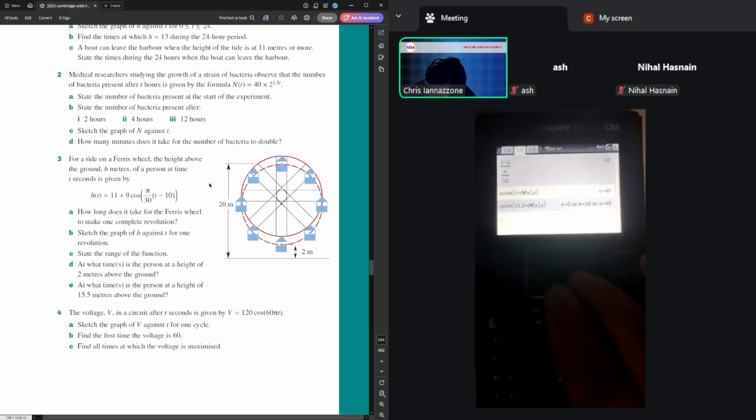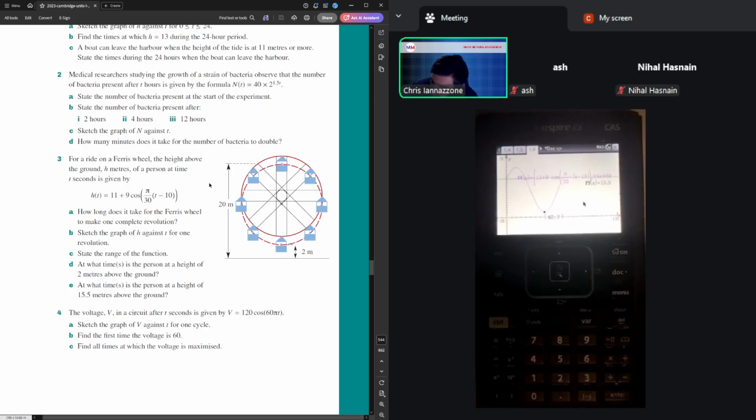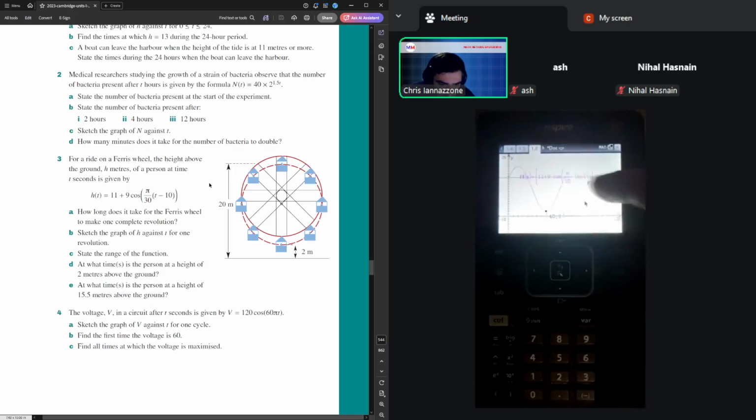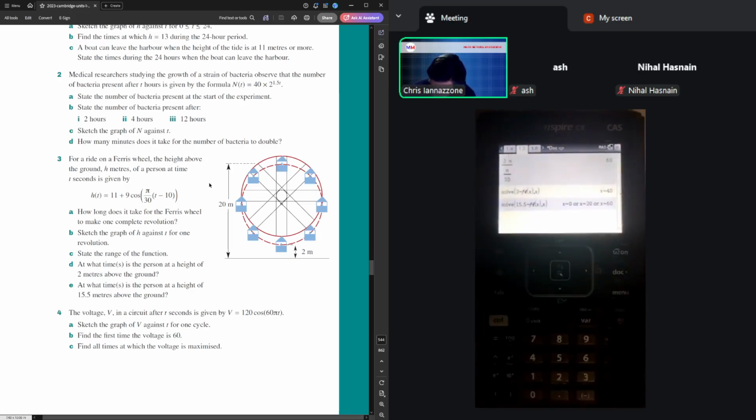If we wanted to, we could visually validate that we've done something okay, setting our height value 15.5. There's just a little drawn line, and you can see it definitely touches there, there, and there. We're expecting 3 solutions, and sure enough, we got 3 solutions. That's pretty much it.